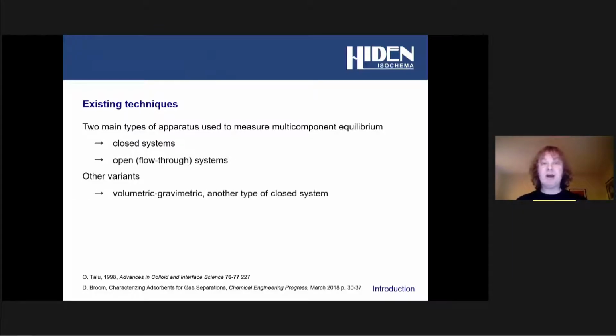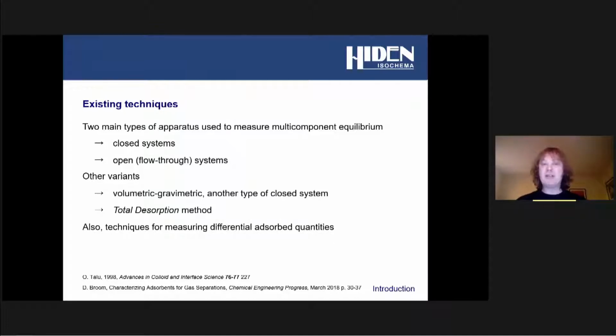You can combine the volumetric and gravimetric method, for example, and that's just another type of closed system. There's also the total desorption method, in which an open flow-through system is used. Following equilibrium, you seal the system off and desorb the contents of the bed into a separate volume for analysis.